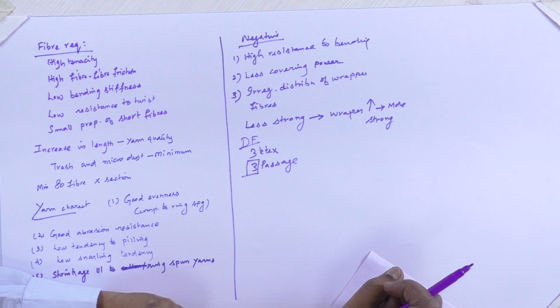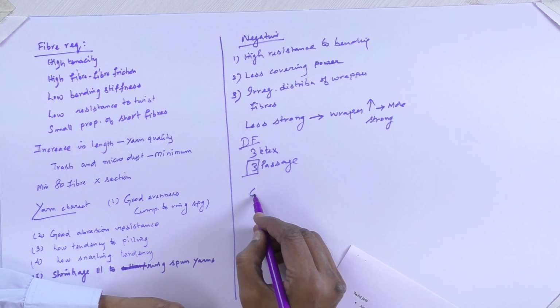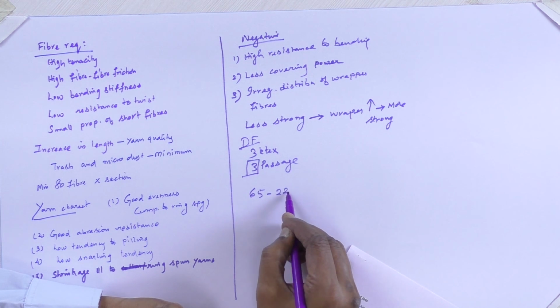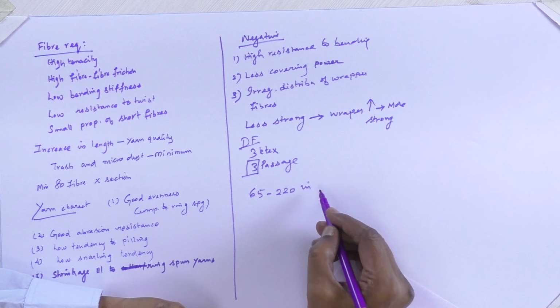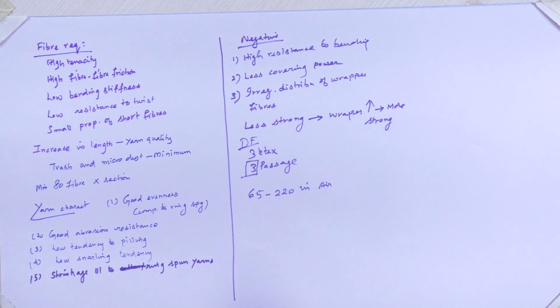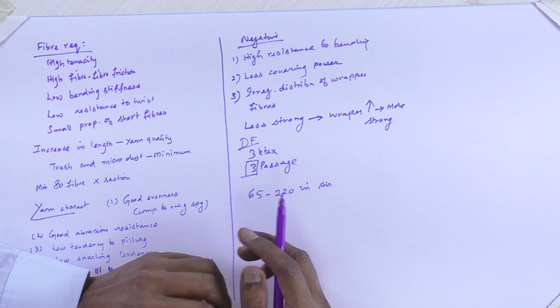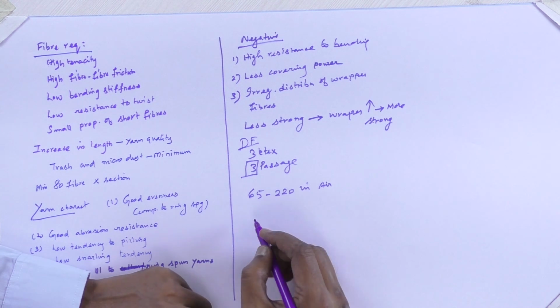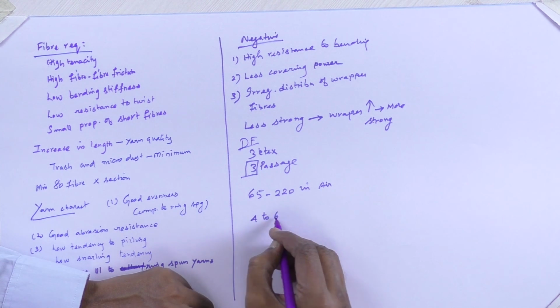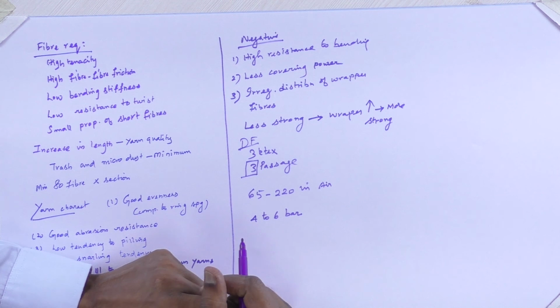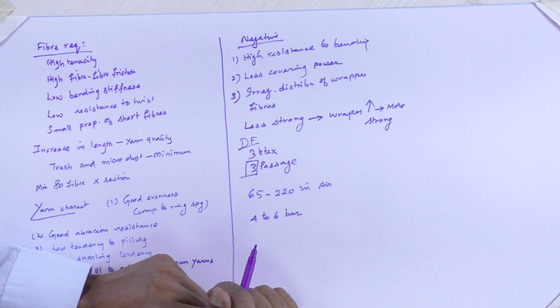In the drafting system, the air jet spinning machine has a 4-line double apron drafting system. The draft range is of the order of 65 to 220 in the air jet spinning machine. The air pressure in the jets is of the order of 4 to 6 bar. Coarse yarn cannot be produced as the wrapper fibers will not be able to bind a larger core.